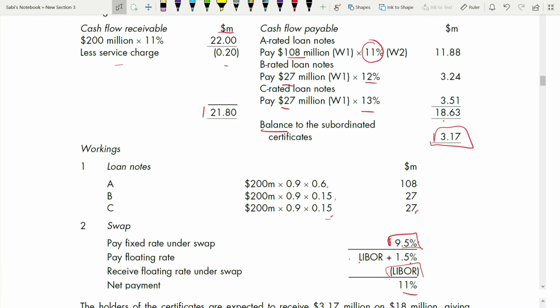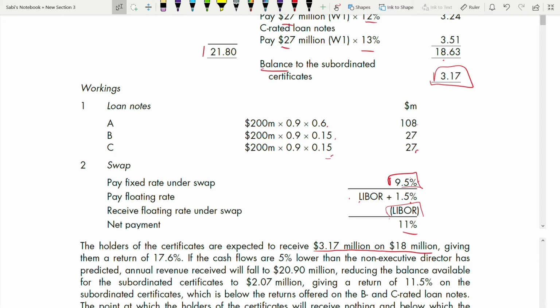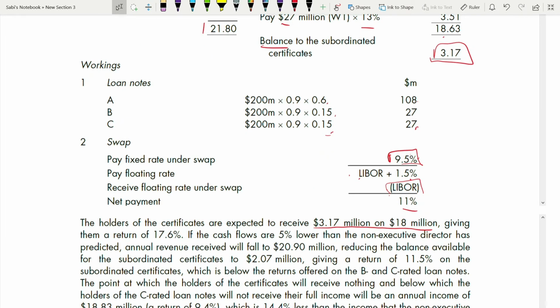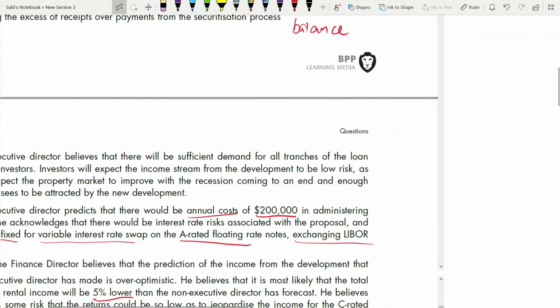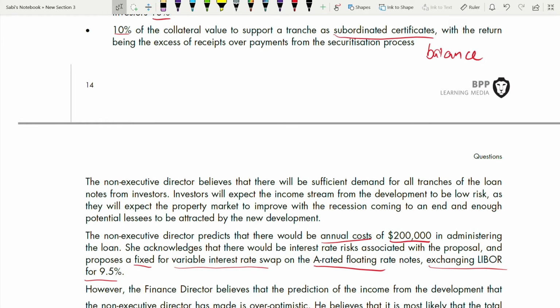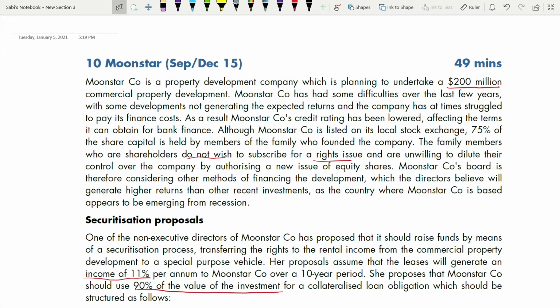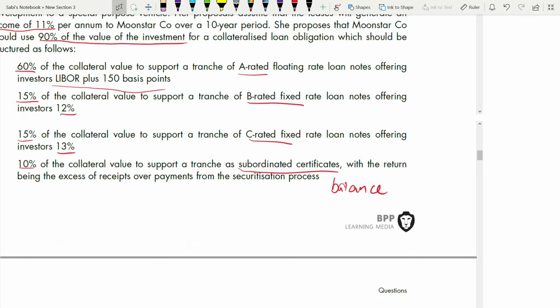Because it was for 200 million, out of which you have to take 90%.